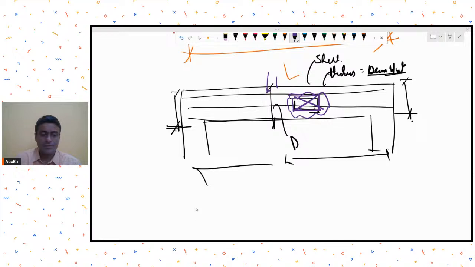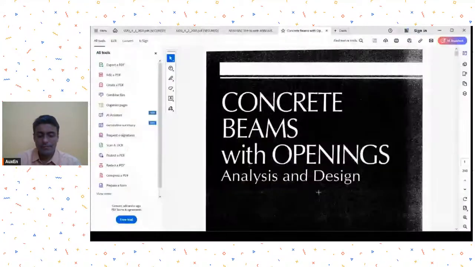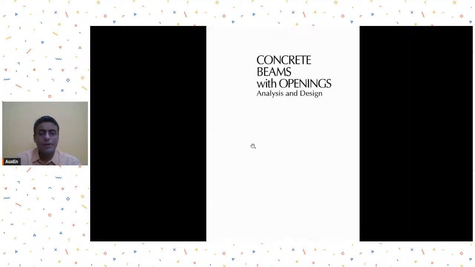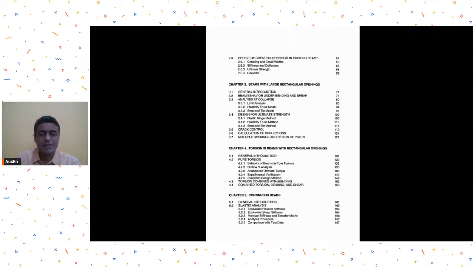So I'll just share my screen. I don't know if you're able to see it. So you can note down the name of the author and you can download this book. So an entire book on concrete beams with openings. Can you see this? Quite fascinating. Yeah.